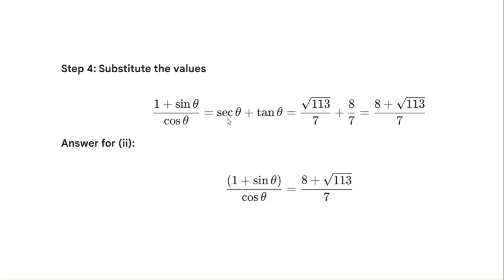We are just substituting those two values. So root of 113 by 7 plus 8 by 7. Simplification: (8 plus root of 113) by 7. So finally (1 plus sin theta) by cos theta is equal to (8 plus root of 113) by 7.